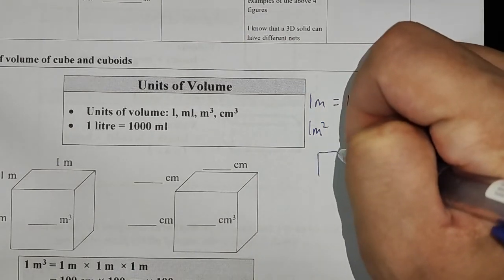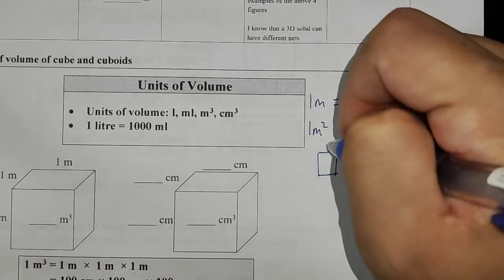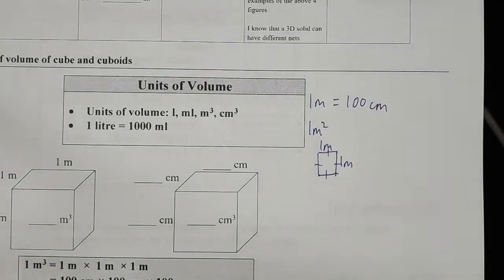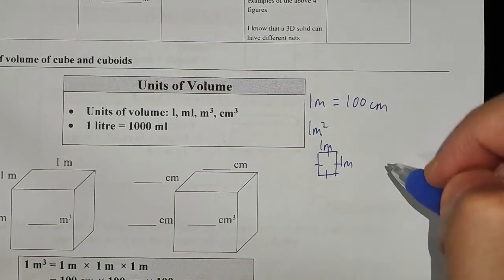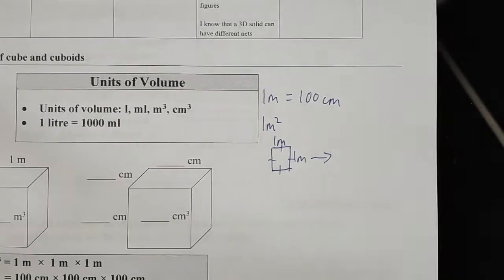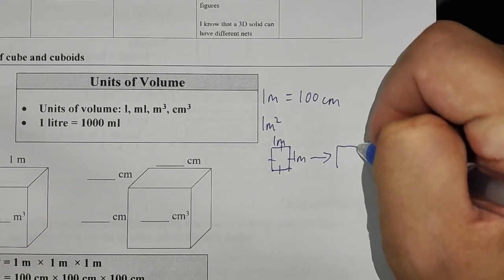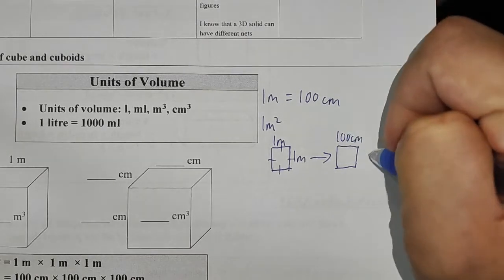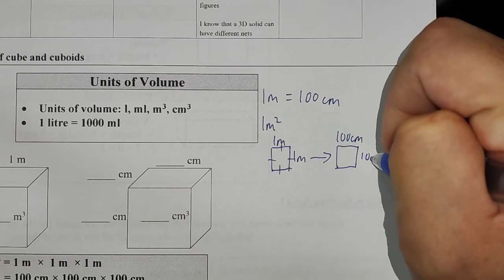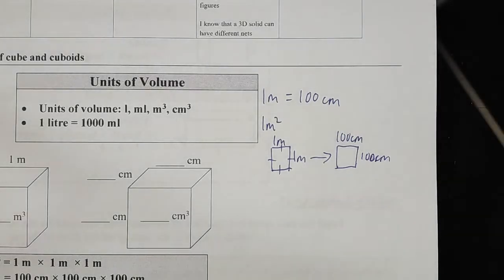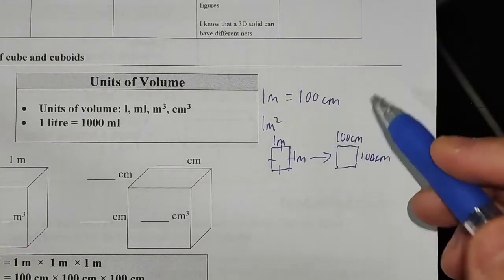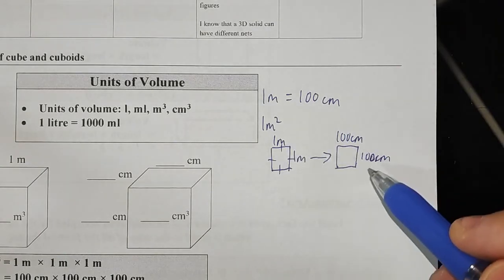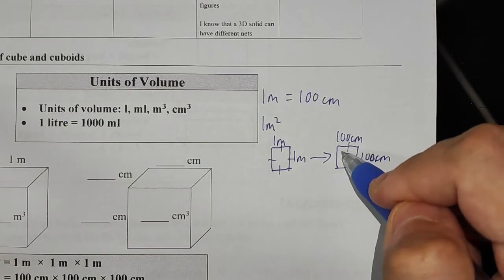You can think of it as a square with 1 meter on each side. This can be transformed into the same square, but now instead of 1 meter on each side, it is 100 centimeter on each side, because 1 meter is 100 centimeter. So 1 meter converts to 100 cm for all four sides.